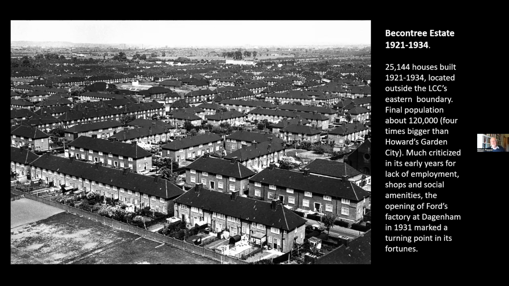And it was developed between 1921 and 1934 to house about 120,000 people in about 24,000 houses. That's roughly 4 times bigger than the Garden City proposed by Ebenezer Howard at the end of the 19th century.